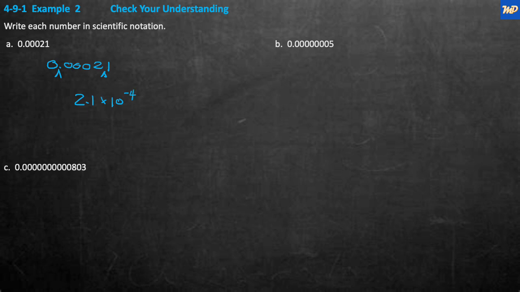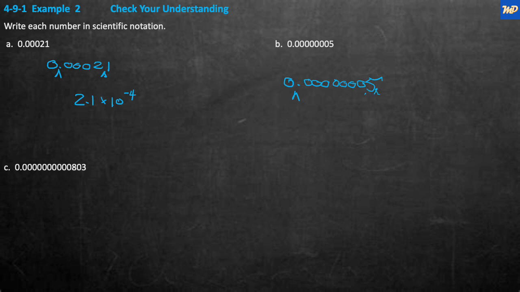Moving over here, we have a long decimal ending in 5. So we're up here with the decimal point, and we want the decimal point right here.